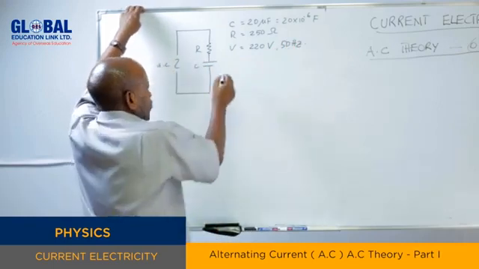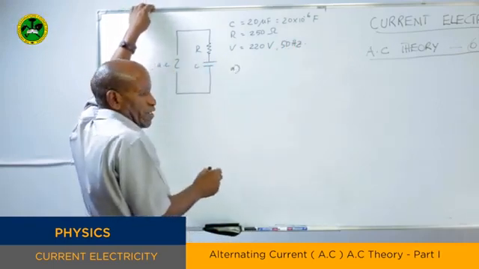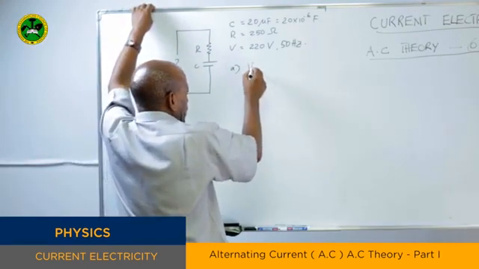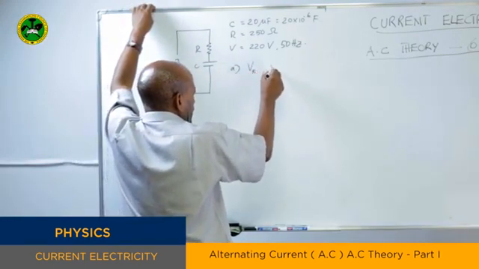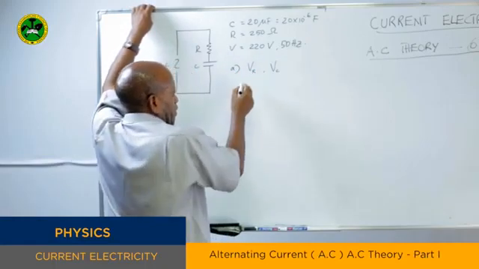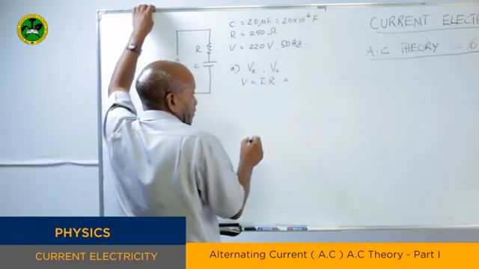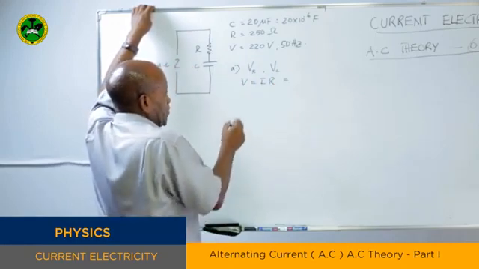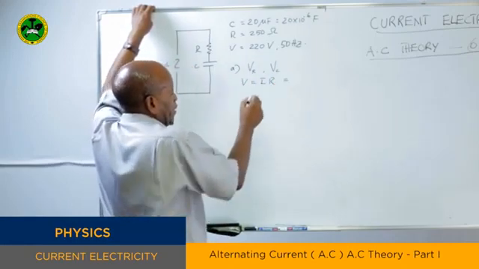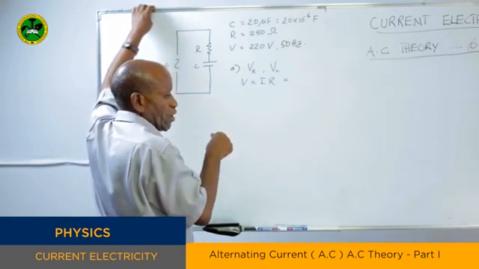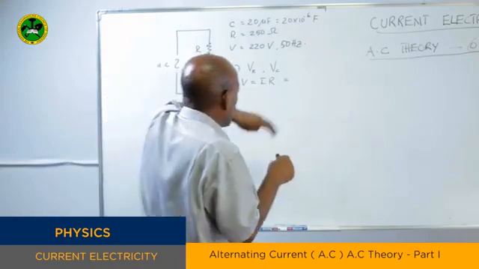So we need to go to part A, the voltage across the resistor and the voltage across the capacitor. First of all, the voltage across a resistor is just equal to IR, and we can determine this.